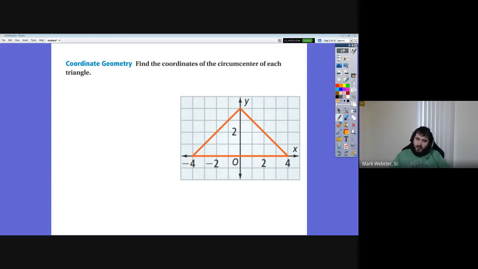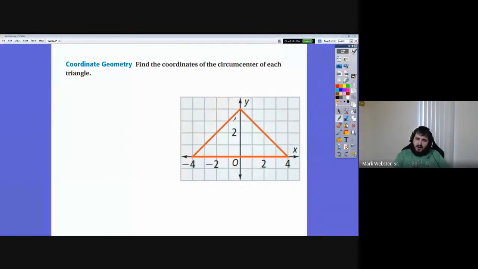The first thing you can notice is, again, we've got a right triangle. I'm giving you right triangles. These are given to you on purpose. So if I can put together two of these perpendicular bisectors, then I'm going to do it. So let's find what's halfway between the sides here.